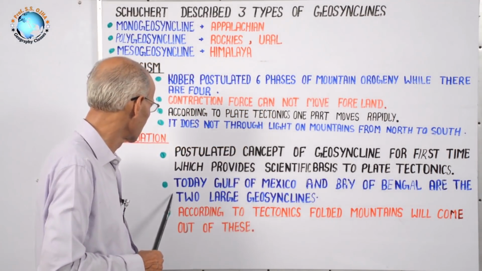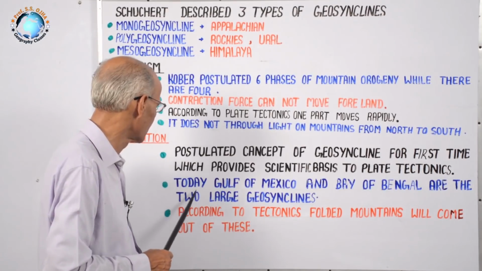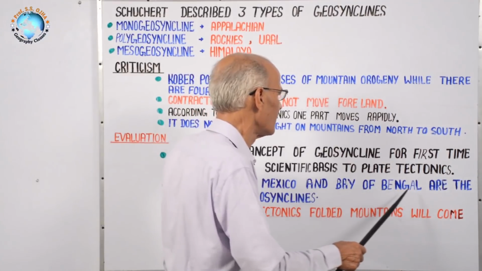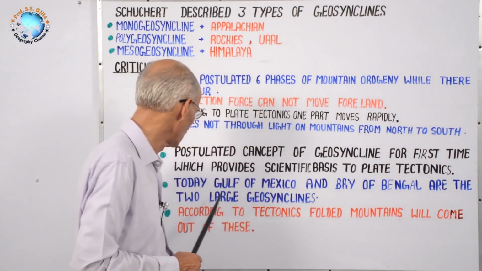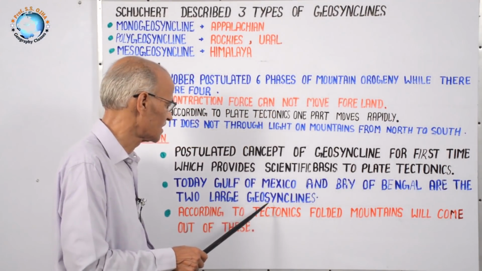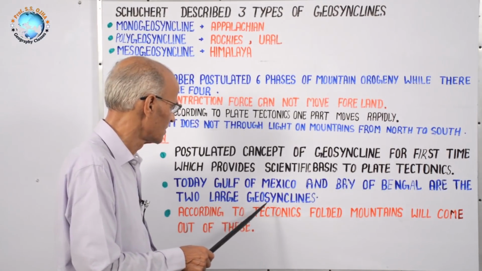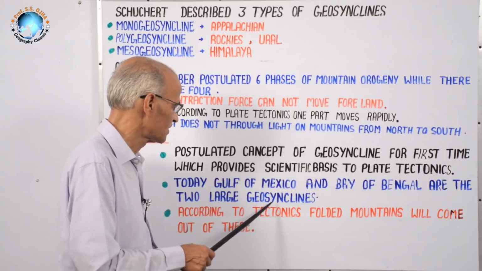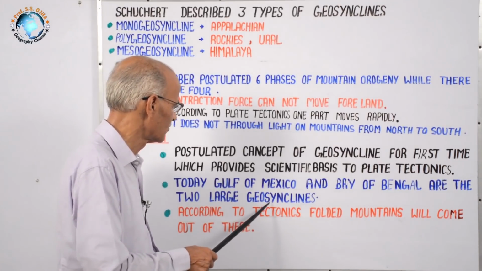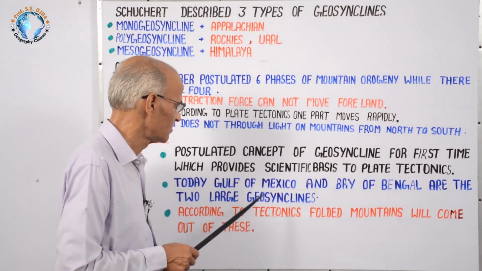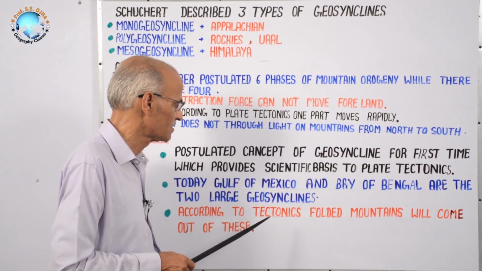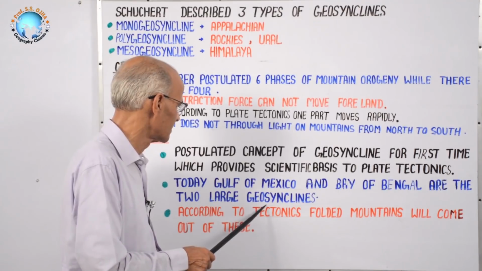The second very important evaluation point is, today the Gulf of Mexico and Bay of Bengal are the two large geosynclines, and among these two, the Bay of Bengal is the largest geosyncline, which is undergoing subduction due to sedimentation brought down by the river Brahmaputra and its tributaries.